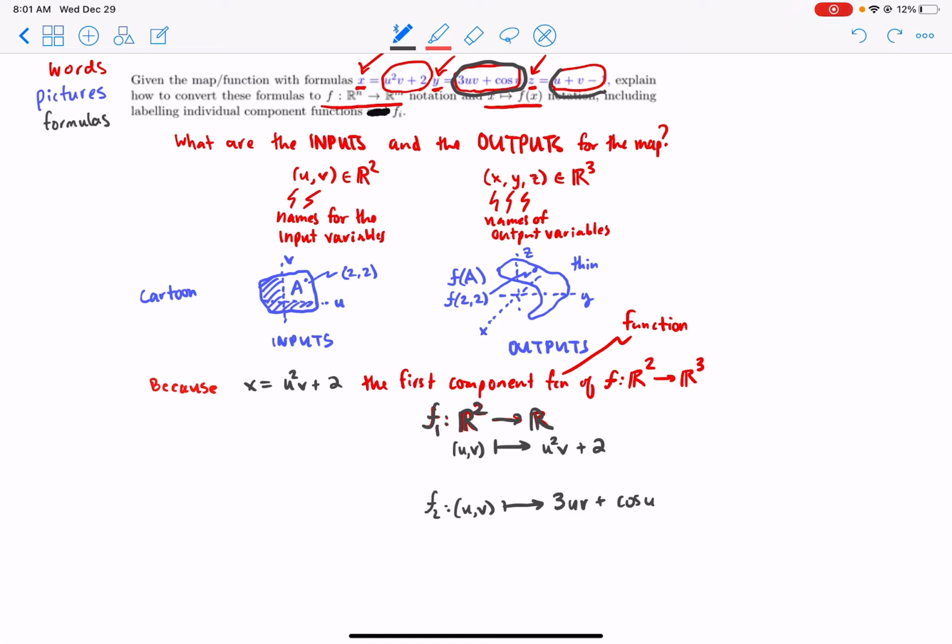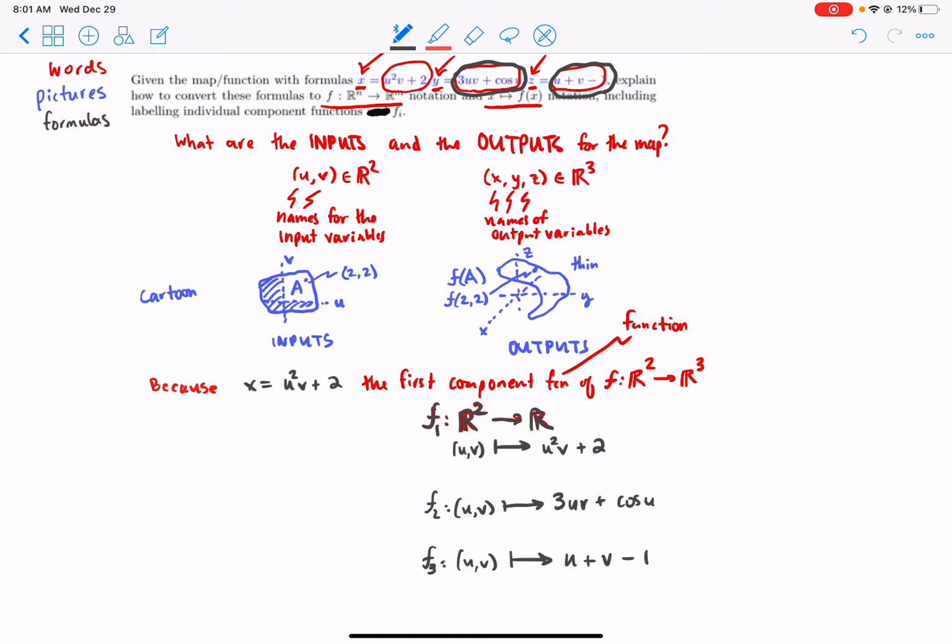And so here's the last one, u plus v minus 1. That's a minus 1. And so the third component function sends uv to u plus v minus 1. Okay?